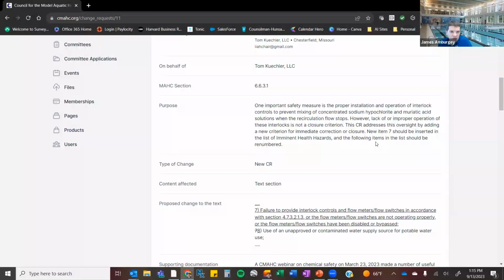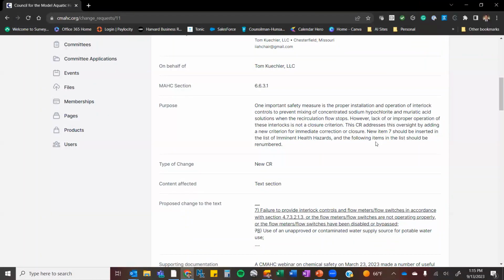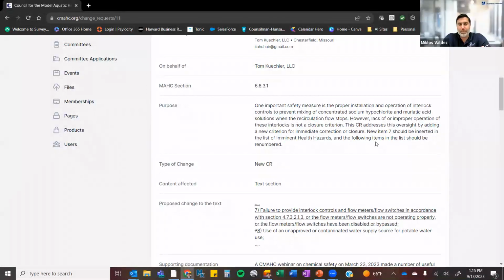Right. You'd have to look at them all at the same time, because the language may be a little different in each one. And what Dewey said, you really want to make sure they don't conflict with each other.